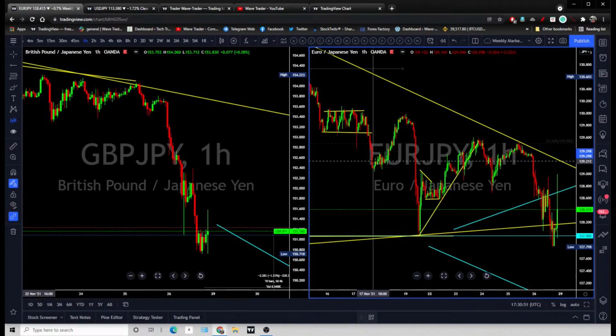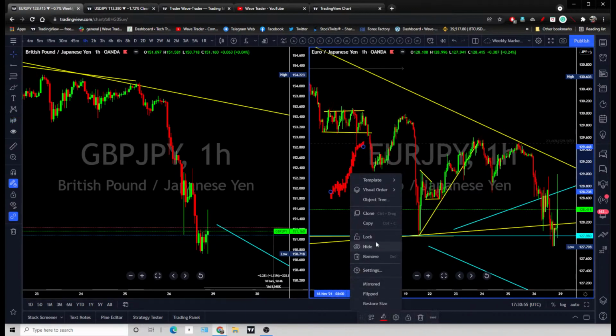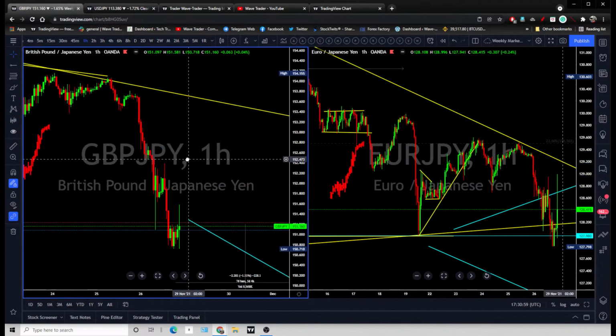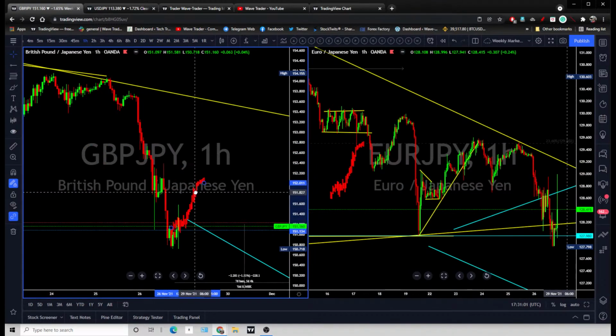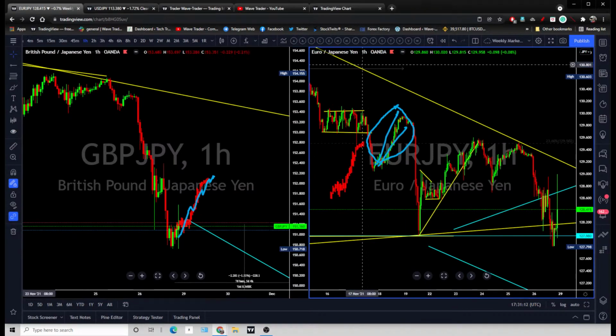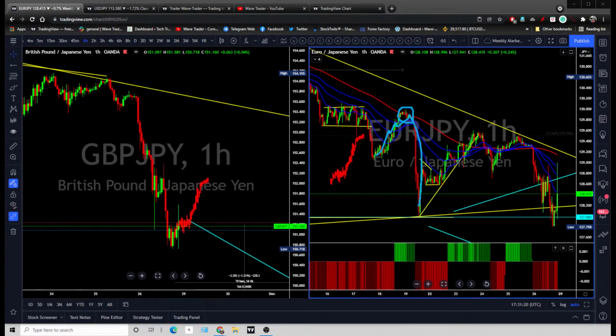Like that. So a similar kind of correction to appear over there, with a slightly more push up. Let me make it easier for you. It came, tested moving averages, corrected, and just simply broke out.